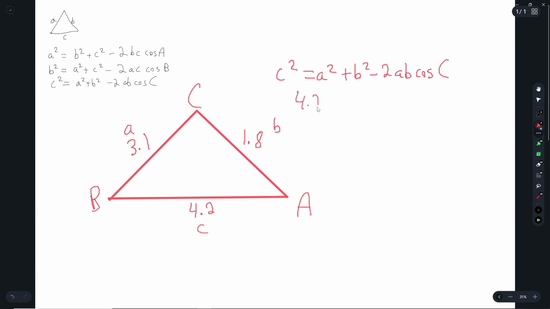So 4.2 squared equal to 3.1 squared plus 1.8 squared minus 2 times 3.1 times 1.8 cosine C. So here we just shift solve on the calculator.